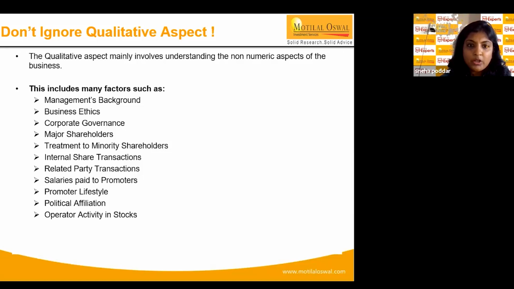How to analyze political affiliation? For this, you'll have to do a lot of Google search and read a lot of blogs. From there you'll understand whether it's affiliated to a political party or not, or whether anybody from a political party is on the board of directors or associated with the company in any form.